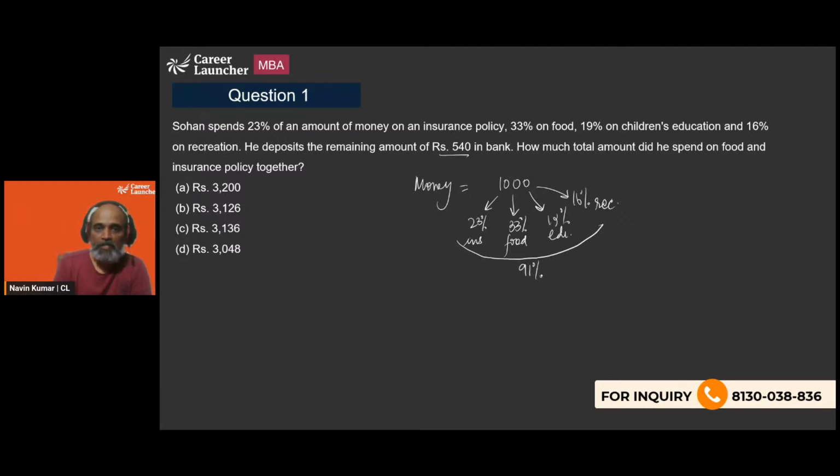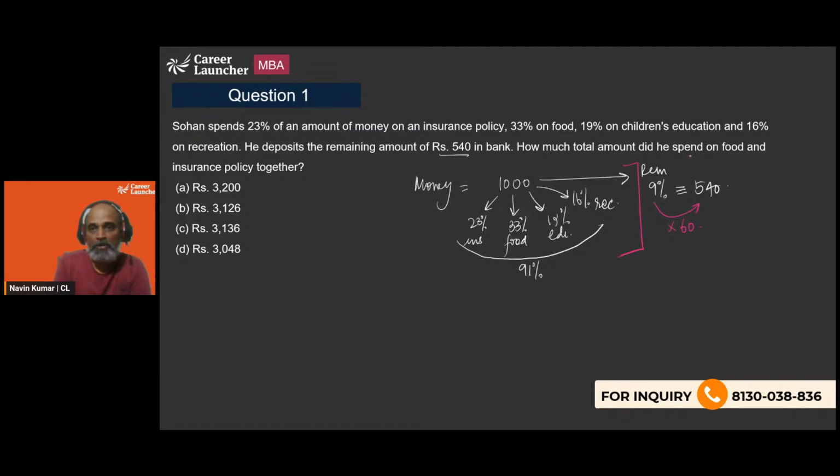So 91% is over here. That means the remaining 9% is what we will have. The remaining 9% is given as 540. If we look at the numbers 9 and 54, it's basically 60 times. So everything now will become 60 times.